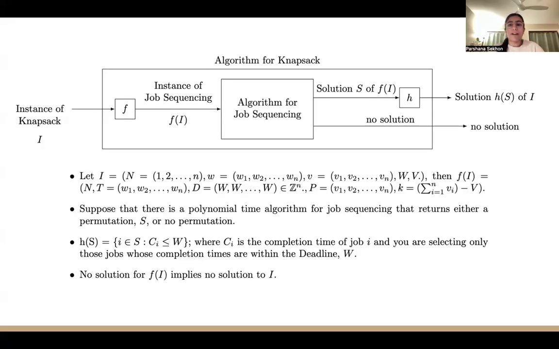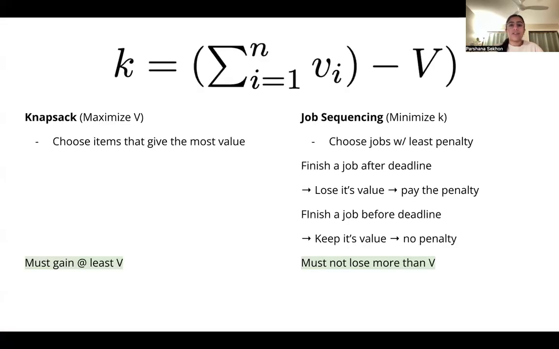Before I move on to the next step, I want to introduce how we came about that and why it's important. If we take the two problems side by side, knapsack is in charge of maximizing V. Job sequencing is important because we want to minimize K. So there's an inverse relationship there, where in knapsack we want to choose items that give the most value, whereas in job sequencing we would prefer lower penalties.